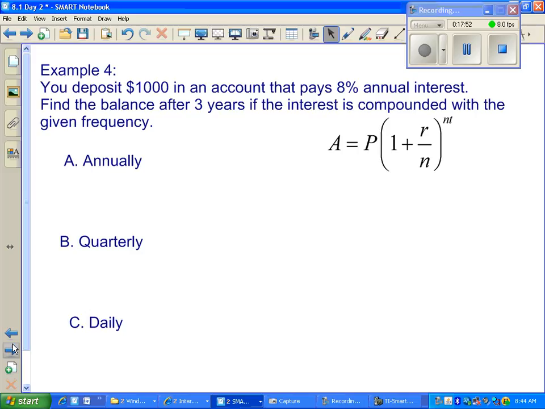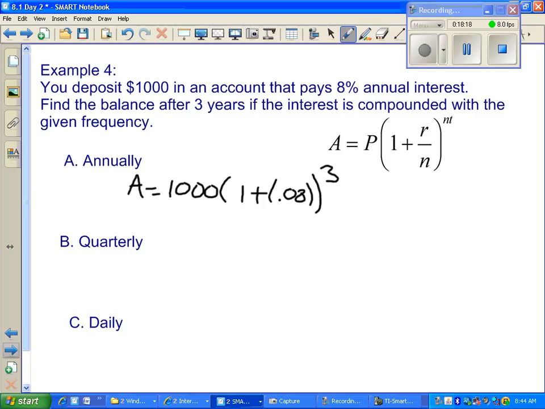Letter A isn't changing anything from what we've been doing. A is equal to 1,000 times 1 plus my rate, which is 0.08, and I want this for 3 years. Figure out what that amount is for me, please. Plug that into your calculator. Give me a number. We will pause so that you don't have to wait.